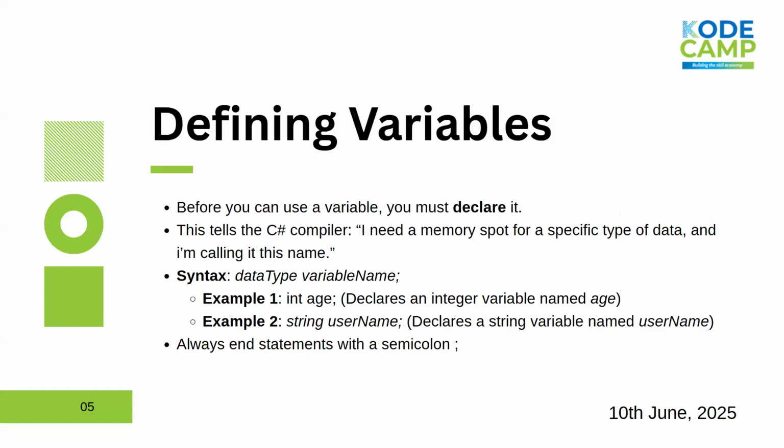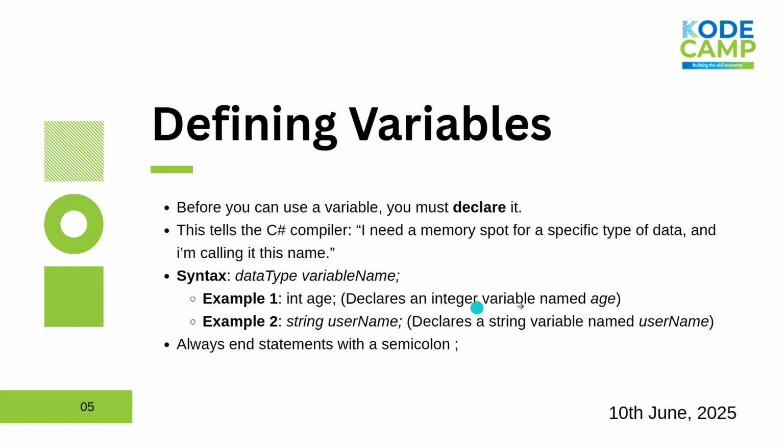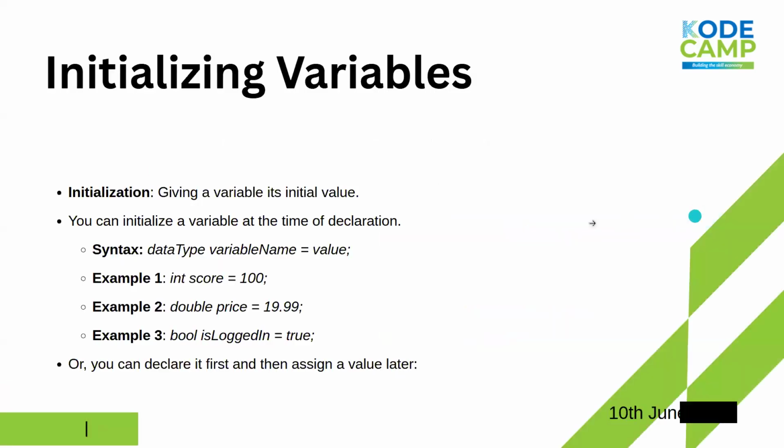So the syntax is: data type, variable name, semicolon. For example, we can have int age, which declares an integer variable named age, or string username, which declares a string variable named username. Every statement must end with a semicolon. Any question? No, sir. All right, let's proceed.